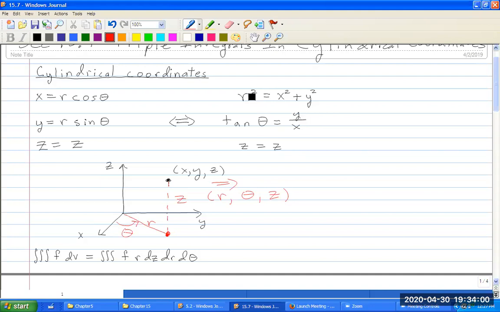And so using these relationships, you can then write coordinates. Now, of course, just like in polar coordinates, there's some arbitrariness here. Obviously, r could be positive or negative, and theta might go around the circle more than once.